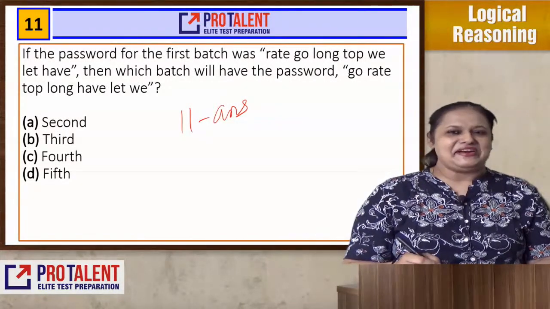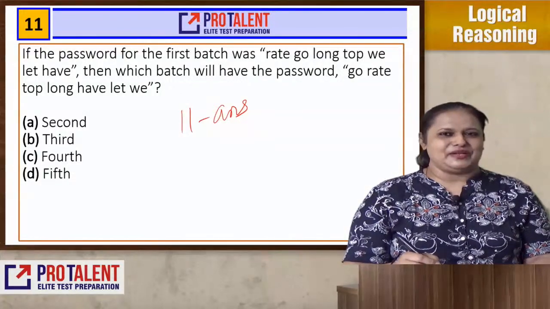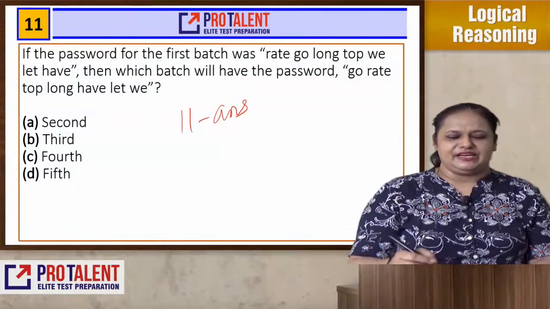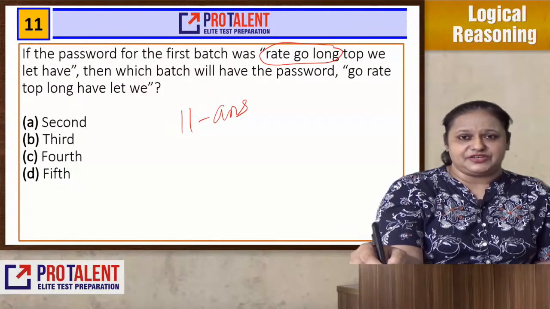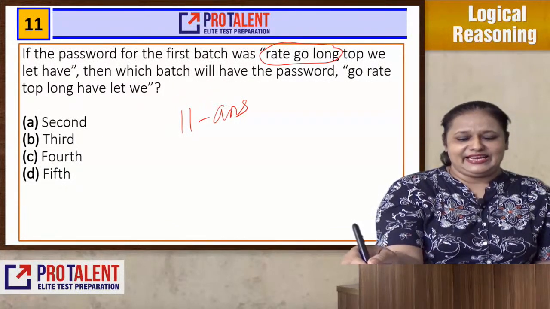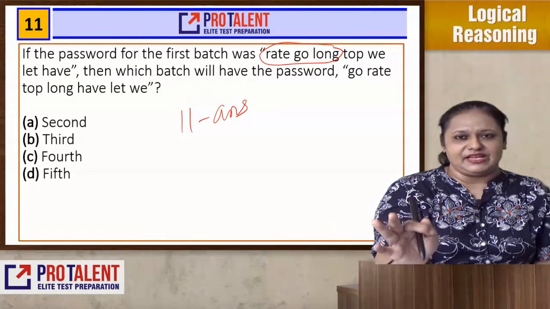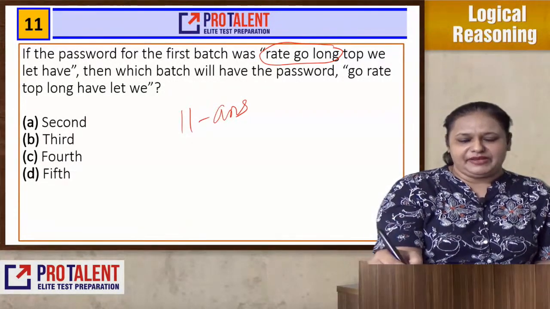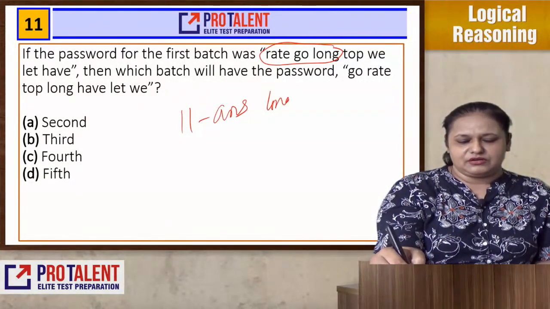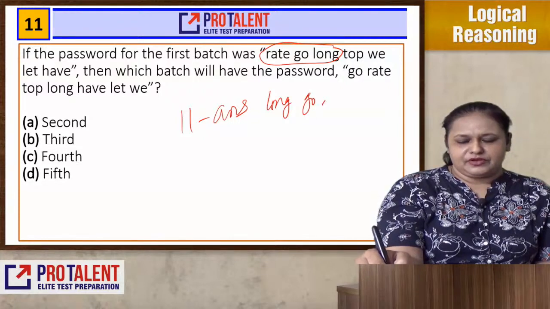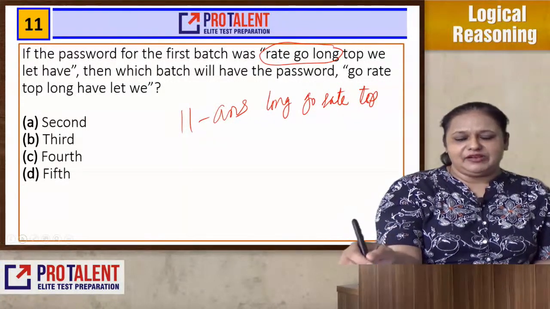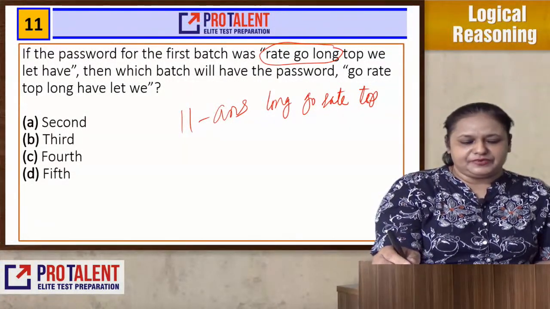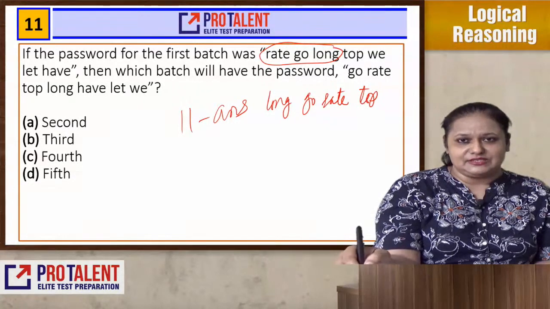Okay, I am not writing it because it will be unnecessary, but the logic is very clear. From first to second we have to reverse these 3, and then in the next step, whatever the answer comes, we will be getting long, go, rate, top. So from first batch to second batch, this is what will be there.